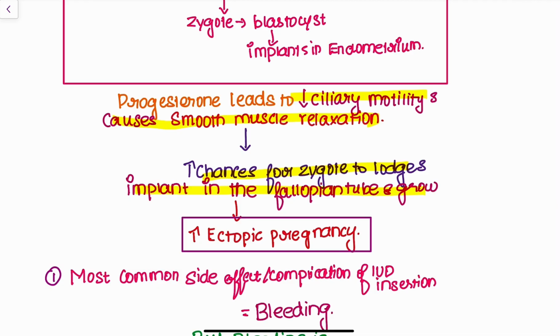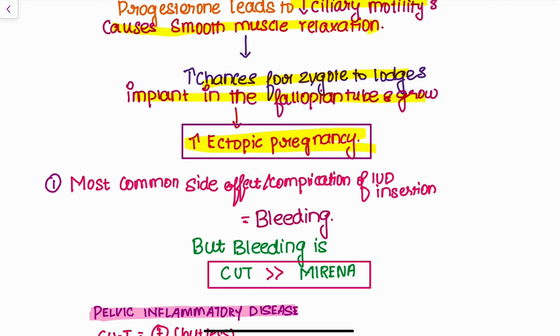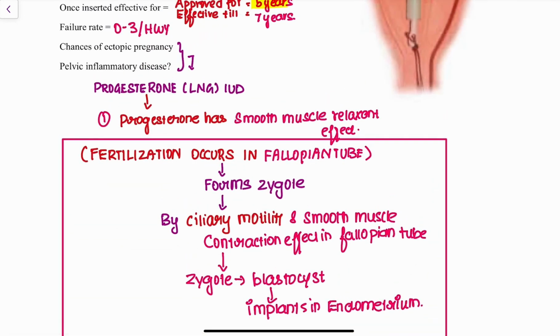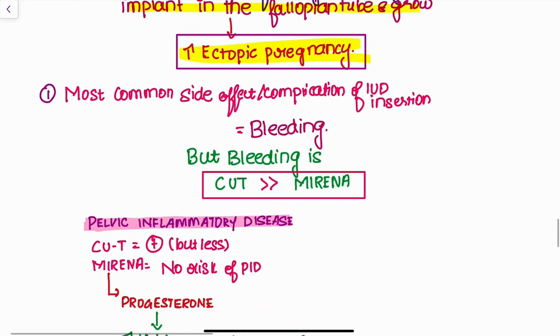If the implantation occurs in the fallopian tube and it grows there, it is called ectopic pregnancy, because ectopic pregnancy is implantation at any site other than the uterine endometrium, right? So there are increased chances of ectopic pregnancy. Is that clear now? Yes.